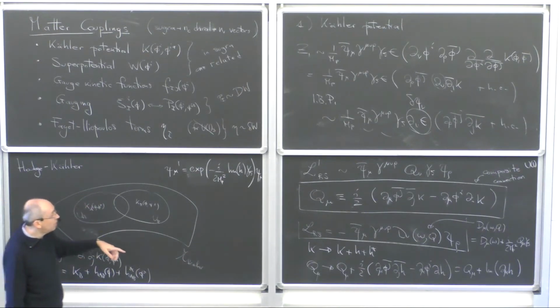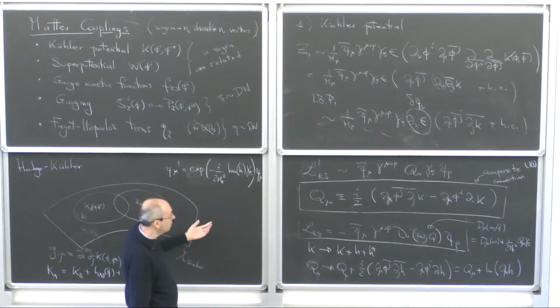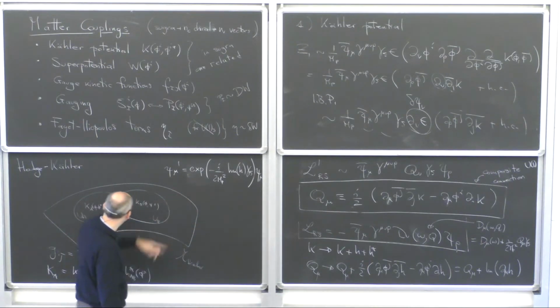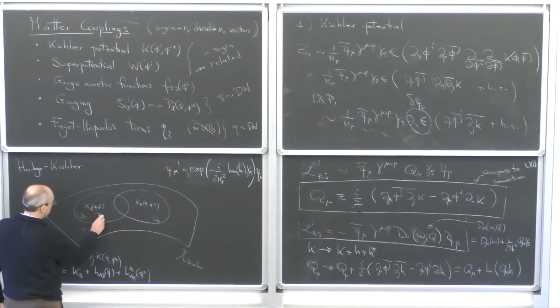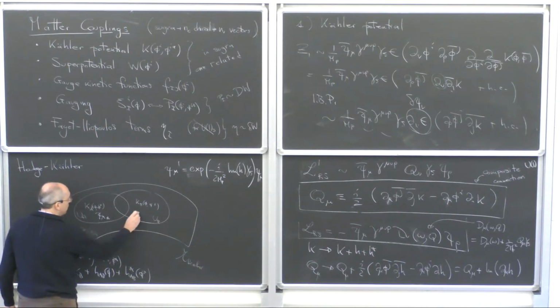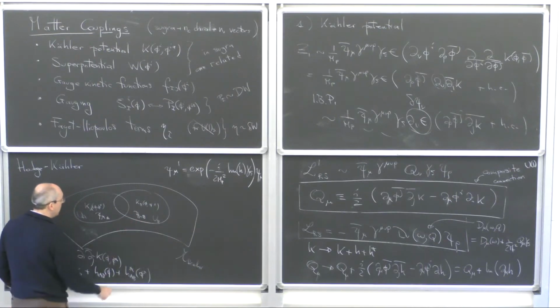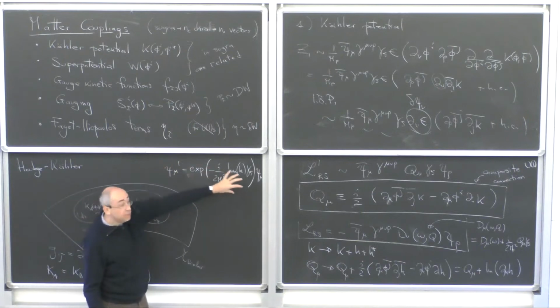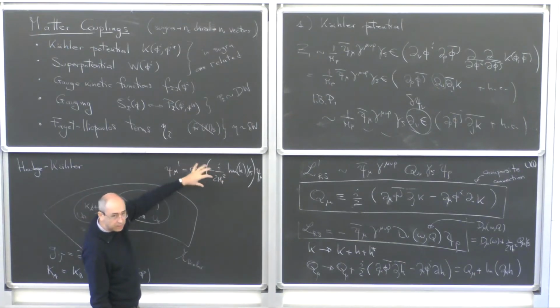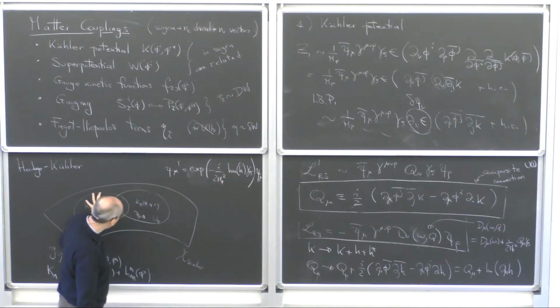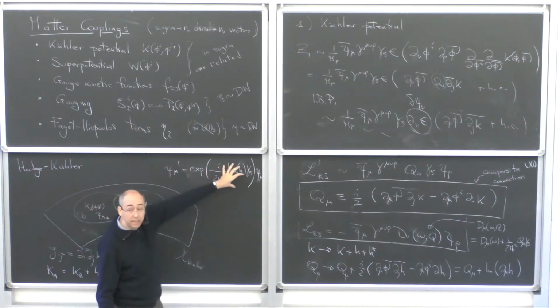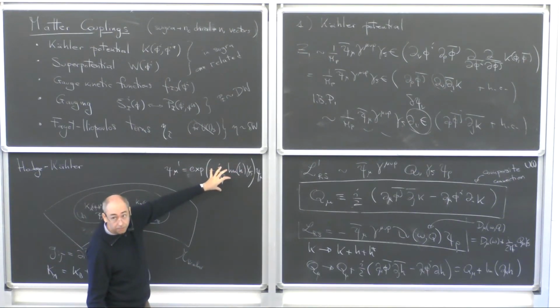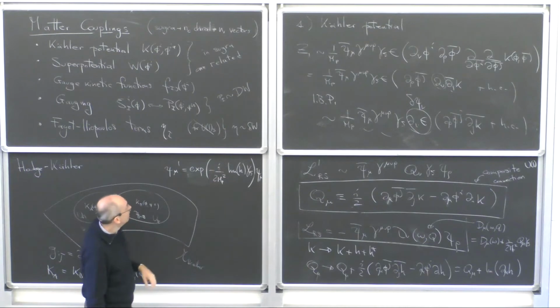But now you don't have anymore something which is trivial, because you will have the gravitino defined in the patch A, and the gravitino defined in the patch B, and in the overlap of the two patches, well, it's the same gravitino, but the gravitino field defined in one patch and in the other patch must be related by this transformation. Okay?